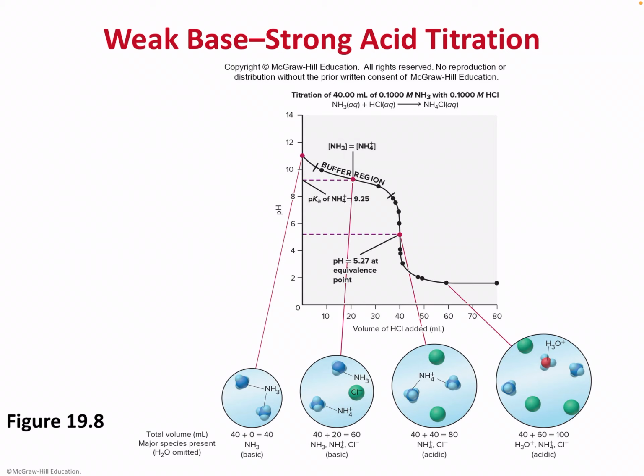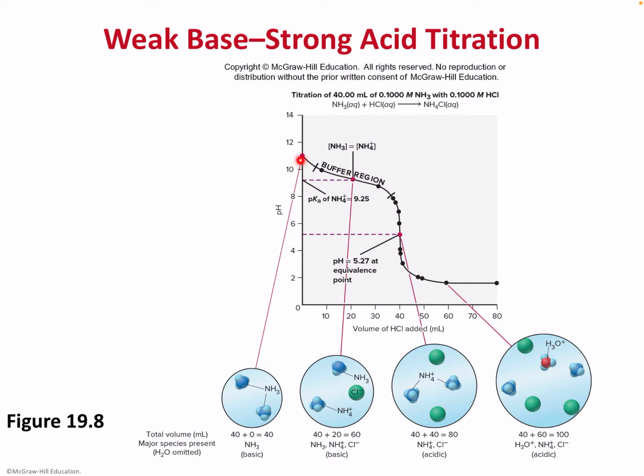Okay, and here's an example of a graph where you do a weak base strong acid titration. If the base is weak, it's not going to start at 12, it's going to be less than 12 pH. This is ammonia, around 11.